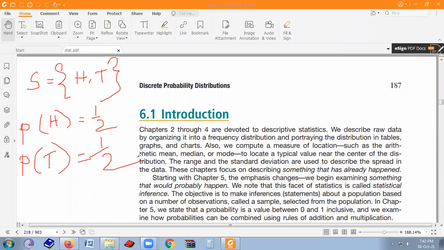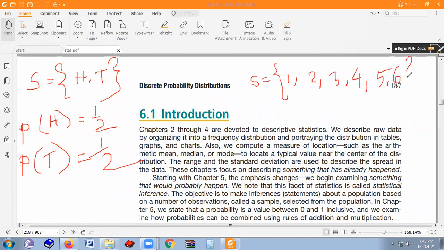So a very simple definition of probability is the number of favorable outcomes divided by the total number of possible outcomes. If we toss a die, then our sample space, the set of all possible outcomes, will be 1, 2, 3, 4, 5, 6.